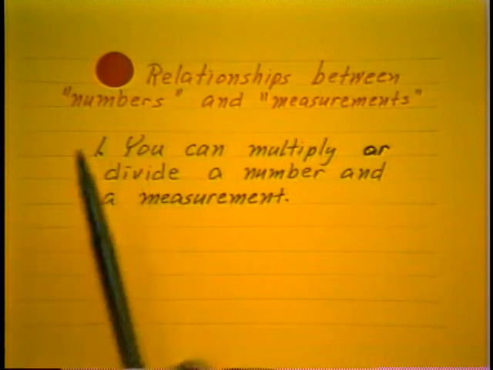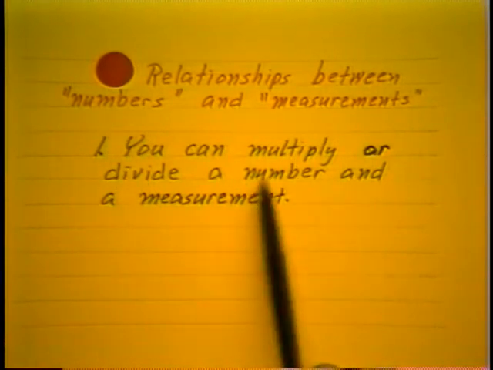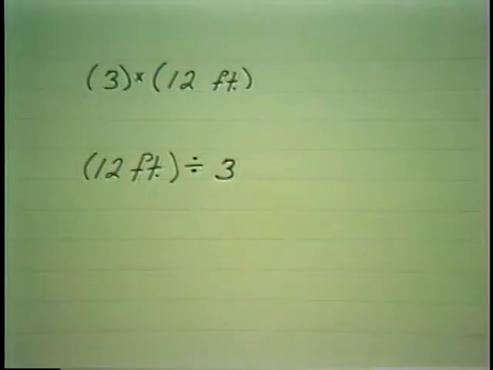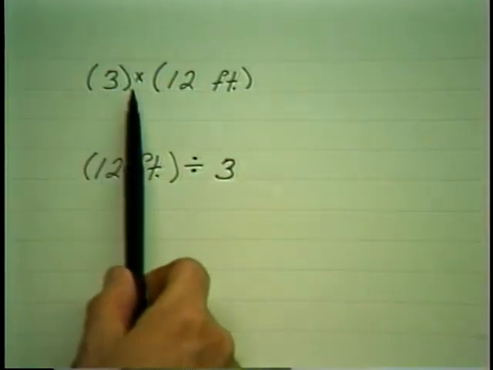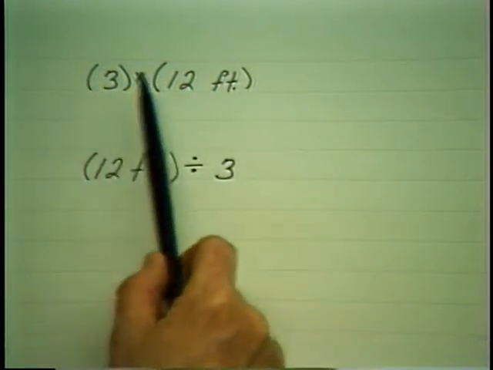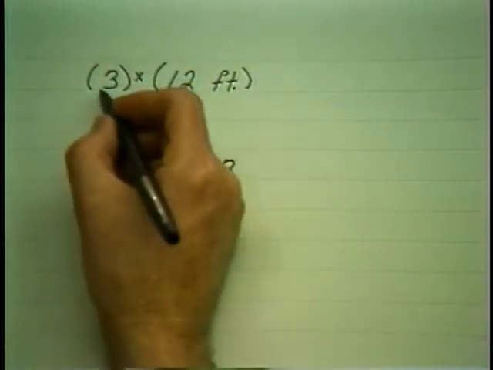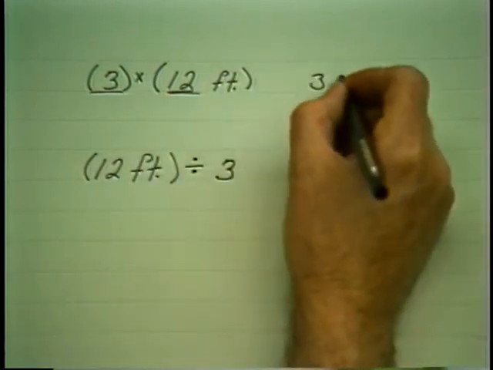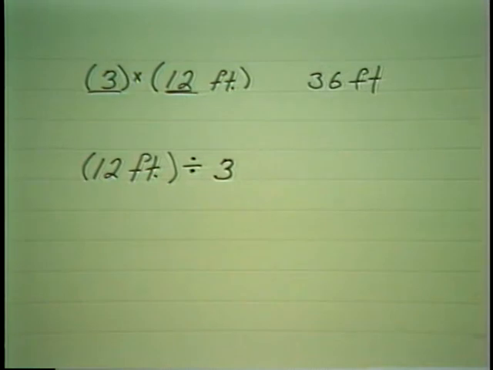First, you can multiply or divide a number with a measurement. Example, here is a pure number times a measurement. If you're multiplying a number times a measurement, you multiply the number times the number part of the measurement and, in a sense, stick the measurement on.